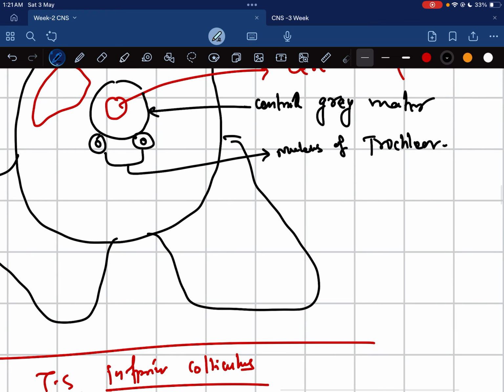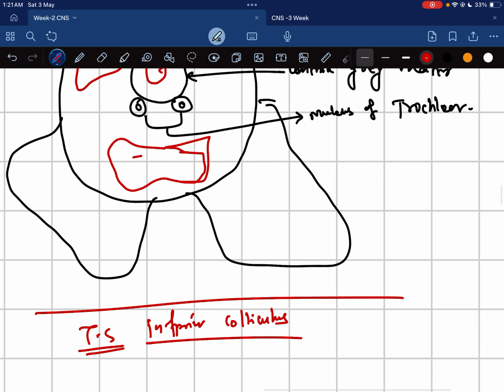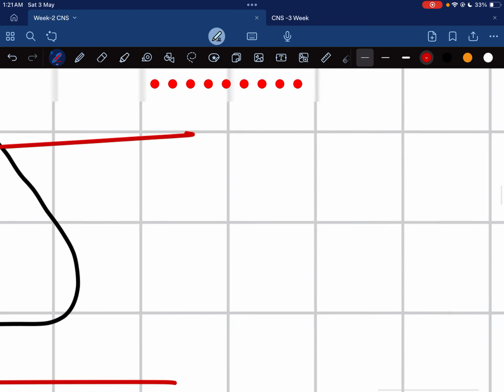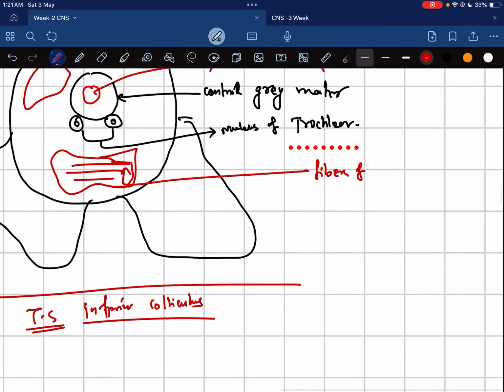Then when you look anteriorly, there is gray matter for the fibers of the superior cerebellar peduncles.